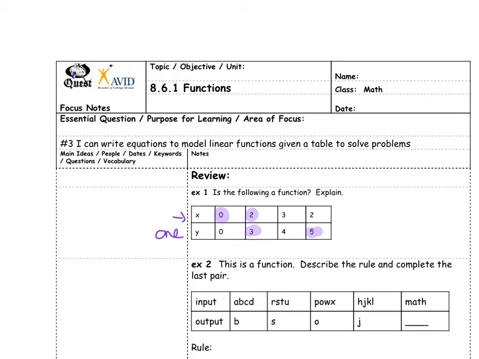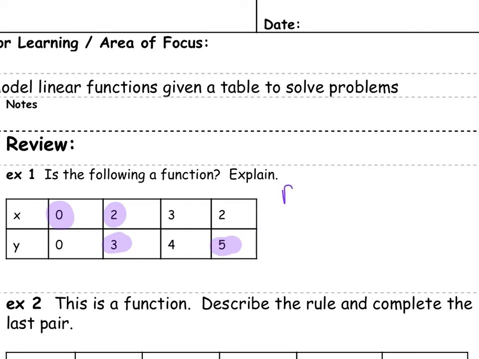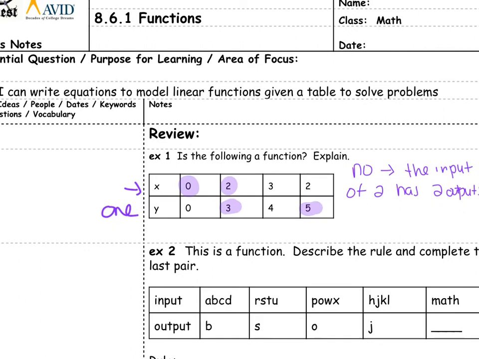So that would mean that no, it is not a function because the input of 2 has 2 outputs. Or you could say for the 2, when x is 2, we don't know what y is.